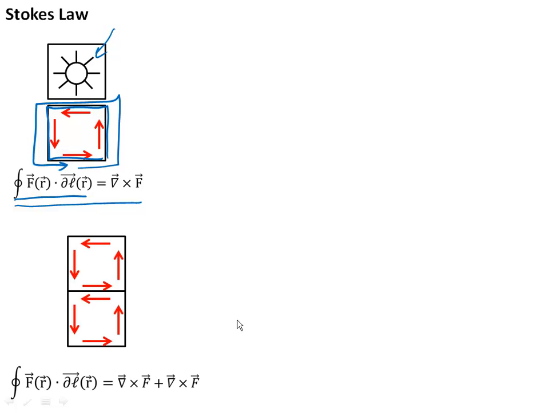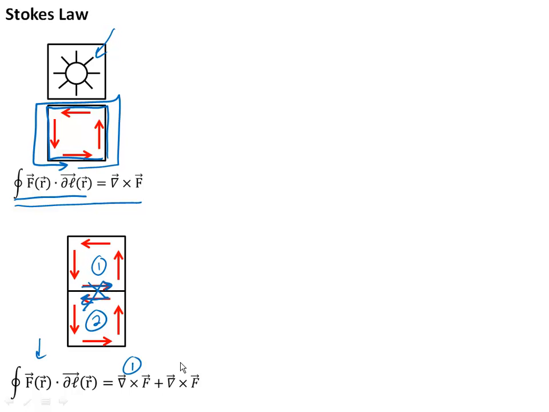It turns out that overall, if we calculate the forces around the circumference, we can essentially ignore these two sides because the integral is going to cancel out there. Anything we add in that direction is going to be equally canceled in that direction. So we essentially ignore that, and we know this integral is equal to the curl of this square number 1, or paddle wheel number 1, plus that paddle wheel number 2.